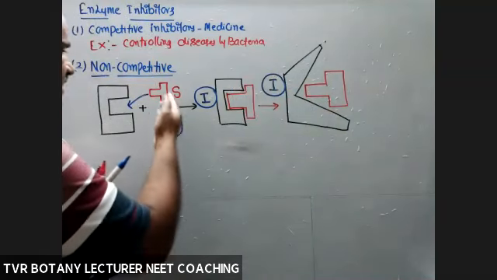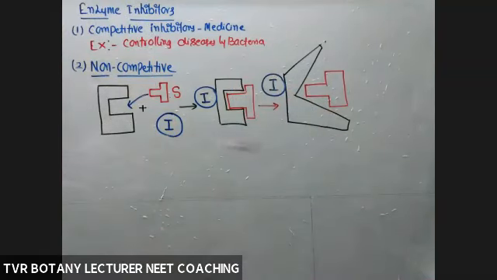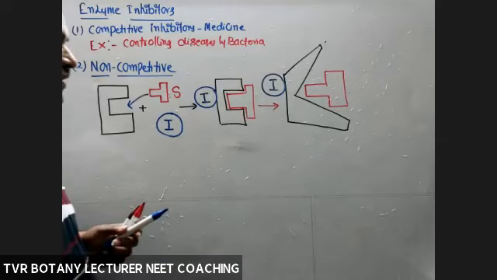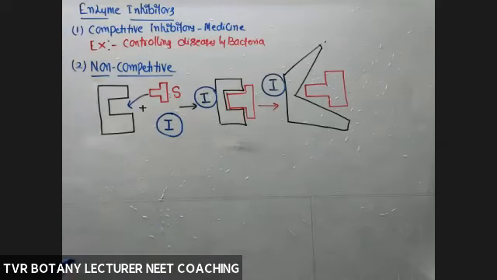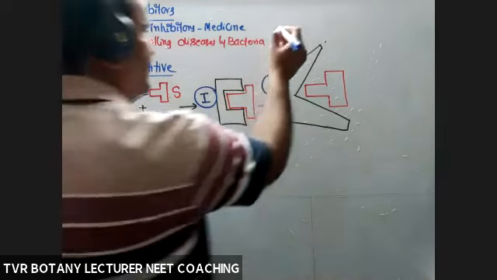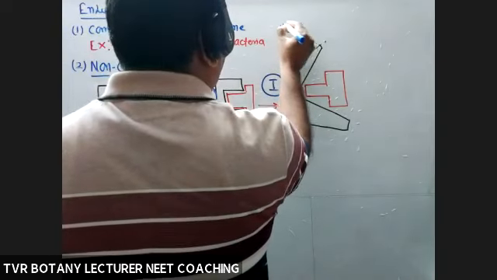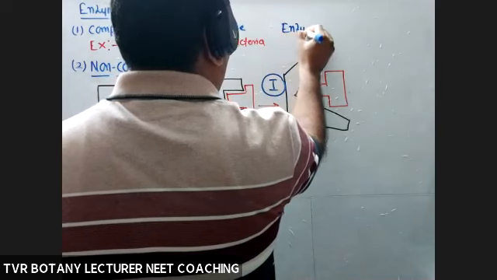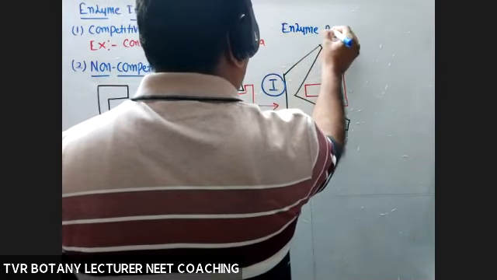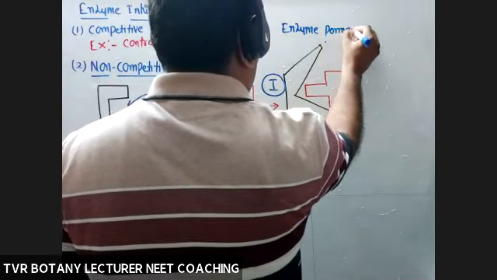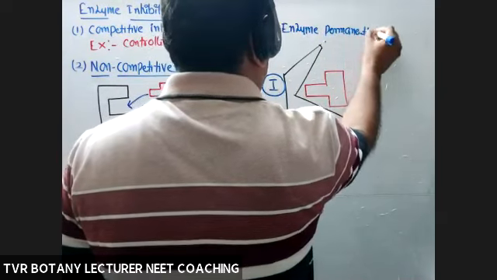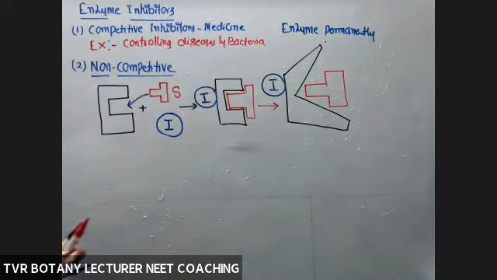Even if the concentration of specific substrate is increased, definitely 100%, there is no coming back. That means the enzyme is not able to gain its catalytic activity. Unlike a competitive inhibitor, the enzyme is permanently damaged.